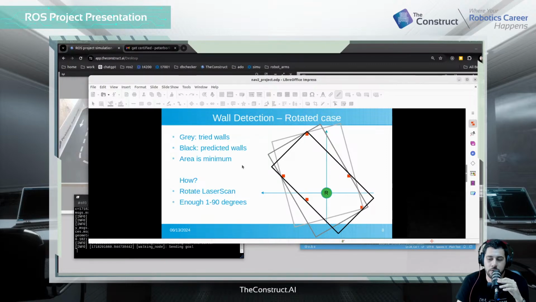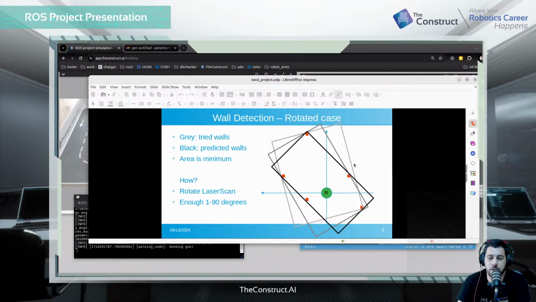It's enough to rotate the coordinate frame 90 degrees maximum, because it doesn't matter which axis the robot is parallel to, y or x. There's no need to rotate all the laser points through 360 degrees, just between 1 and 90 degrees.